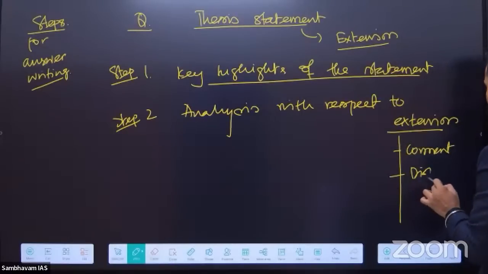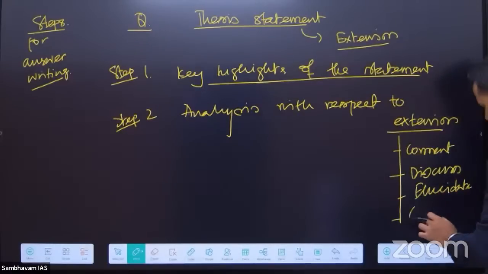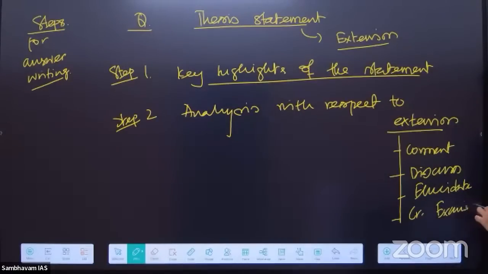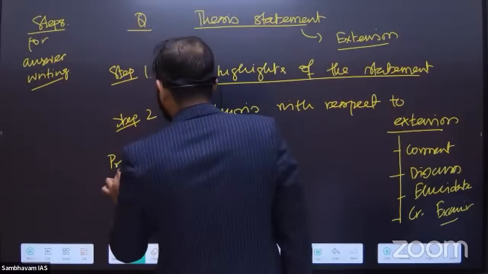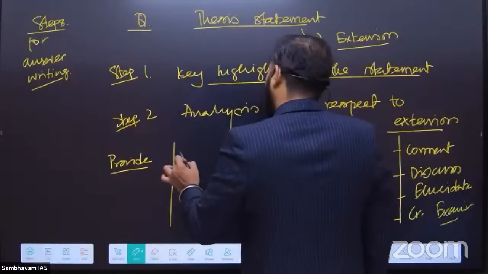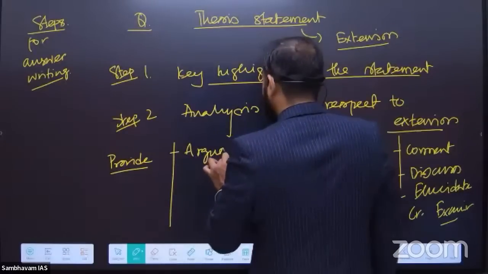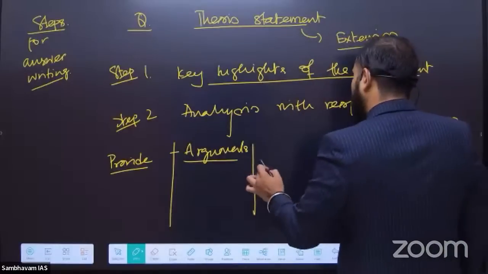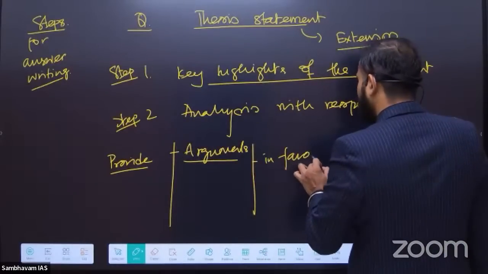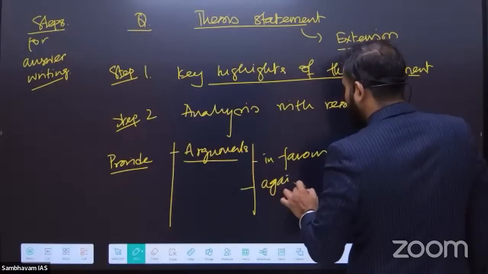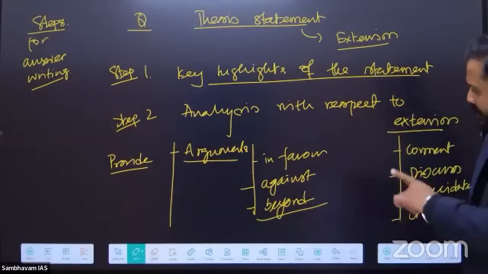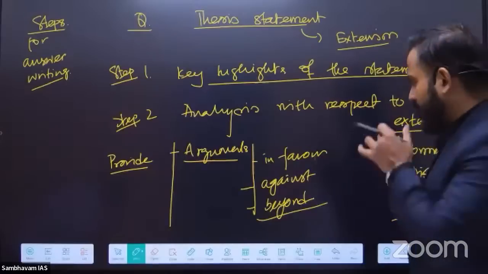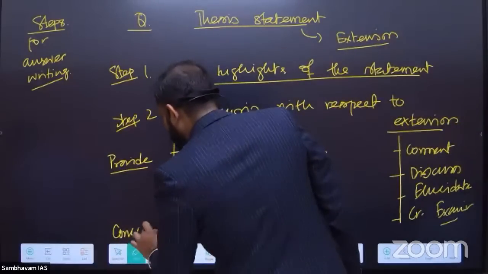Comment, discuss, elucidate, critically examine, etc. Then provide arguments in favor and against, and also if there are any beyond. This will constitute the body of your answer, and you will provide a conclusion.